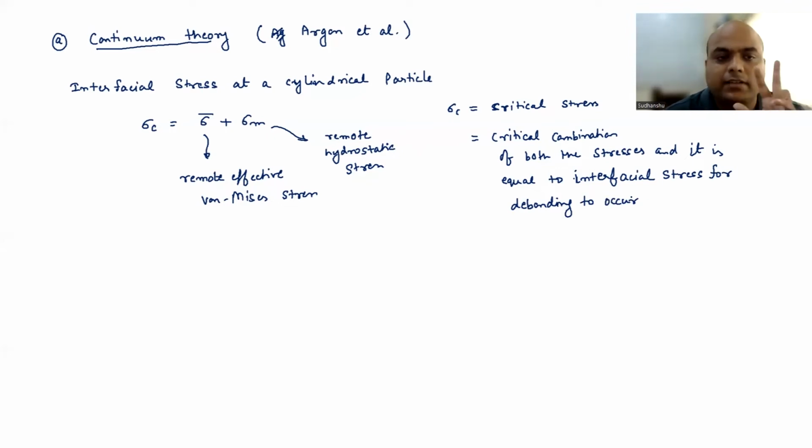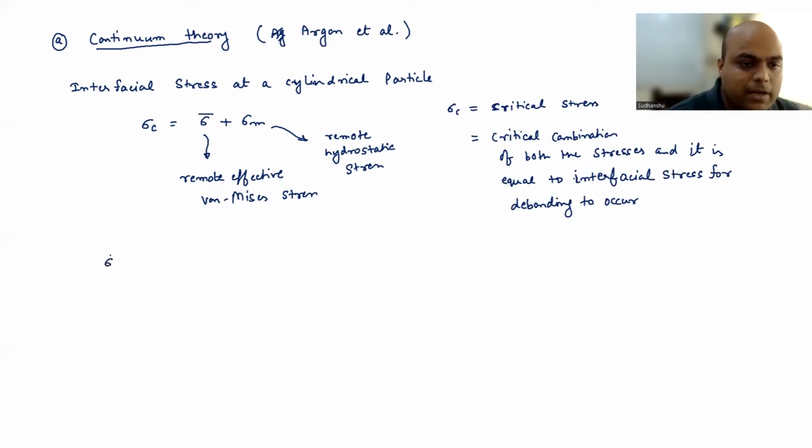So sigma C is the critical stress, a combination of both sigma bar and sigma M, where this stress reaches the debonding stress, where you are going to observe debonding of the interface between the particle and the matrix. Now you see you have sigma M there, which is actually sigma 1 plus sigma 2 plus sigma 3 by 3. So now you are talking about the triaxiality. So you have all the stresses there.